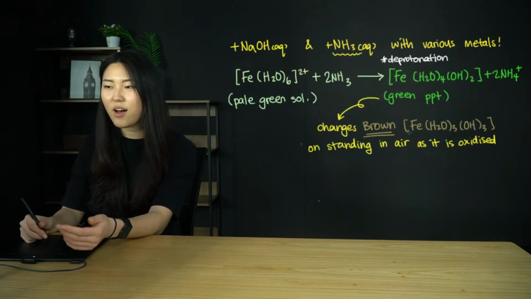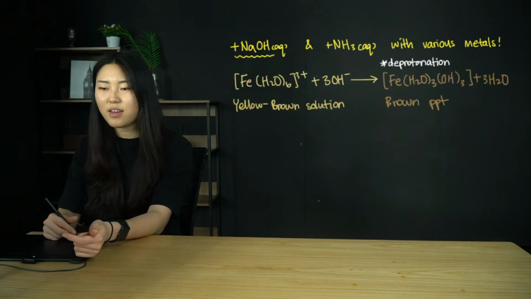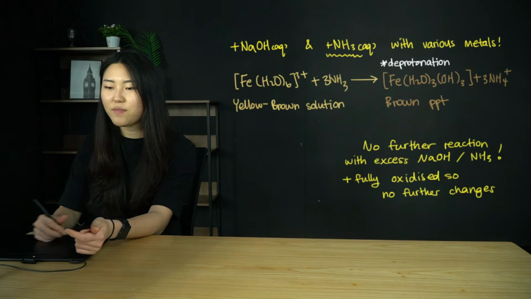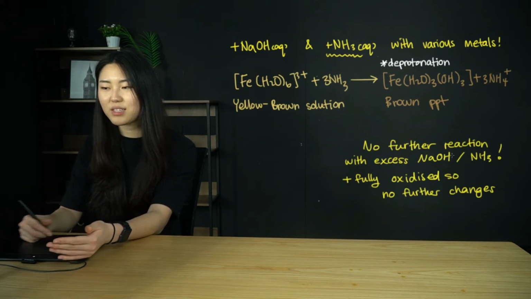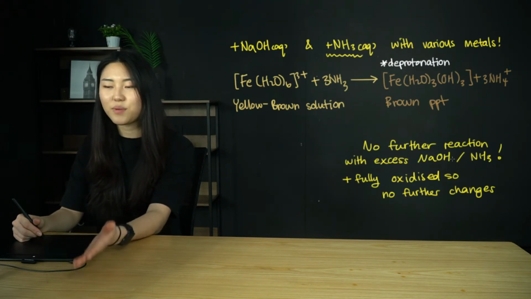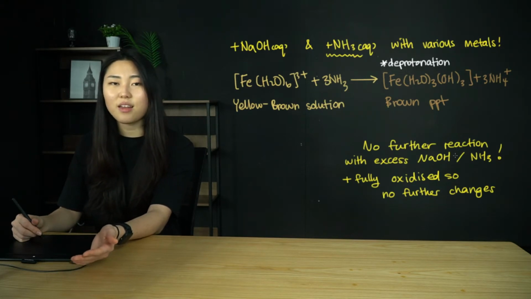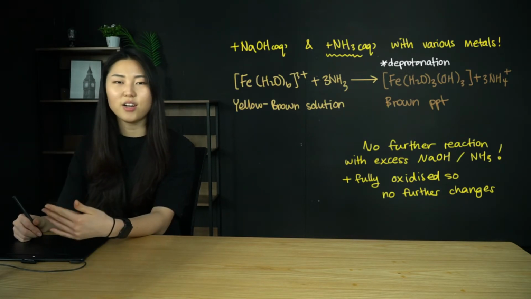So the Fe2+ becomes oxidized into this precipitate, right? So this is actually fully oxidized. So there will be no further reaction with excess ammonia or sodium hydroxide, and also because it is fully oxidized, there is not going to be any further changes on standing in air, okay?